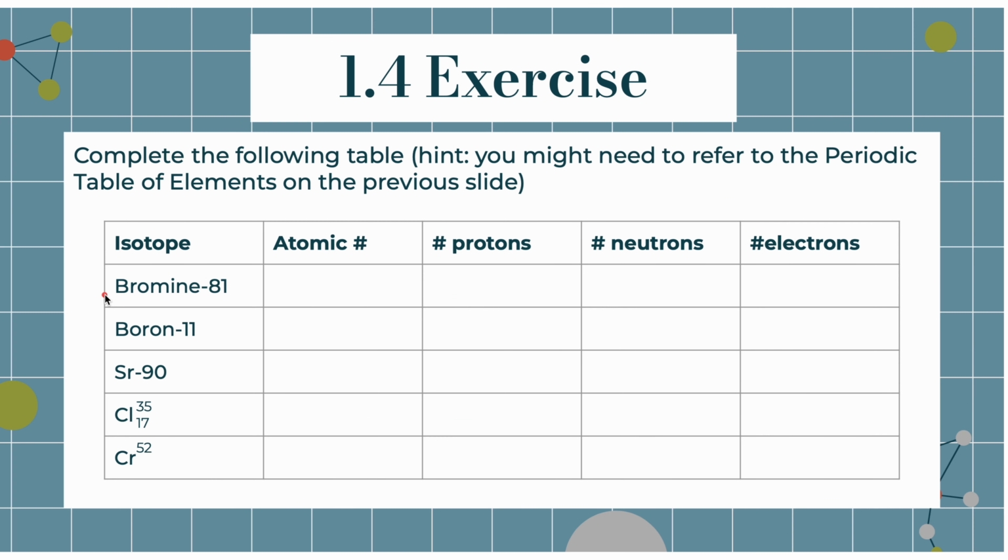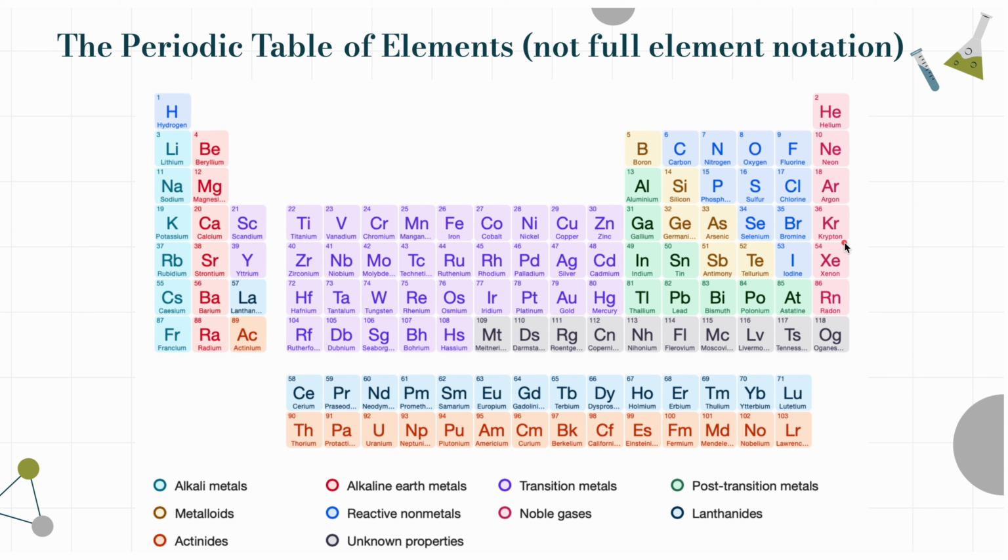We are given an isotope with the name of bromine 81, and we need to figure out its atomic number, its number of protons, number of neutrons, and number of electrons. Let's find bromine on the periodic table of elements. This is bromine. We can see that its atomic number is 35.